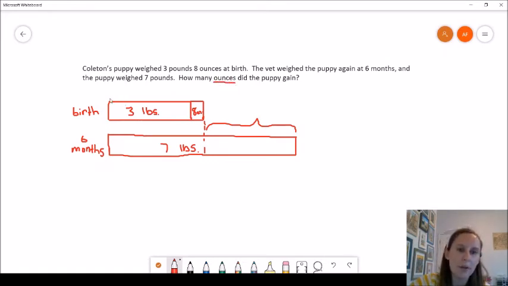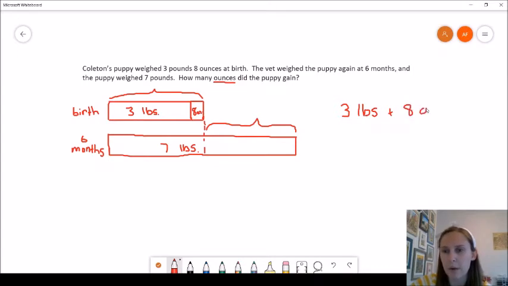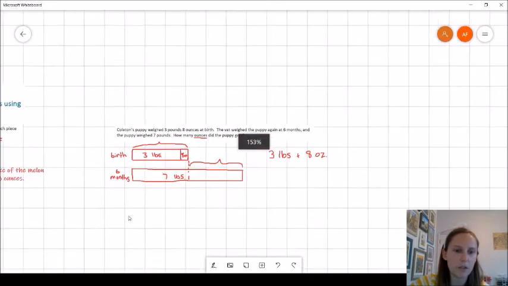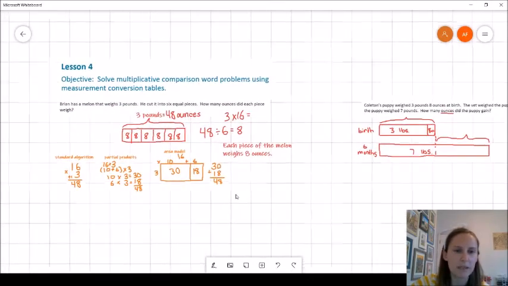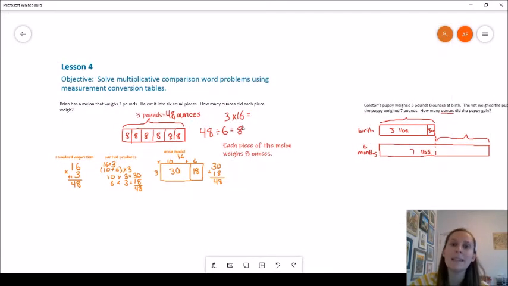So at birth, let's figure out how many ounces the puppy weighed. So we have 3 pounds and 8 ounces. And remember that our abbreviation for pounds is LBS. And then we've got 8 ounces. We just figured out in our previous problem that 3 pounds is equivalent to 48 ounces because each pound is 16 ounces, and so 3 pounds is 48 ounces, which is 3 pounds times 16 ounces in each pound.